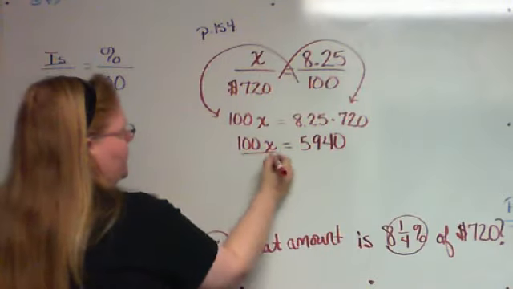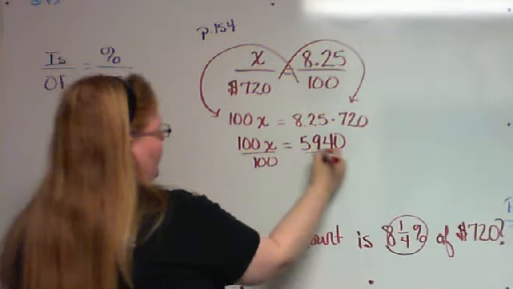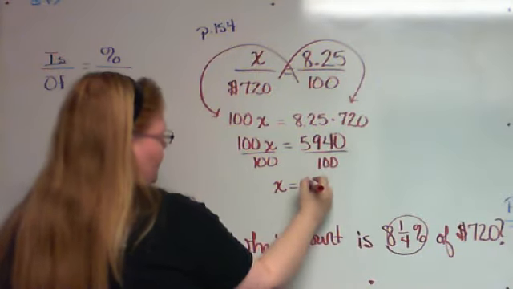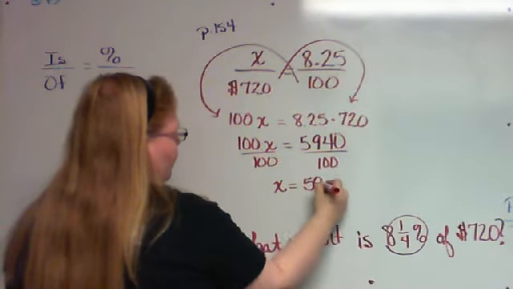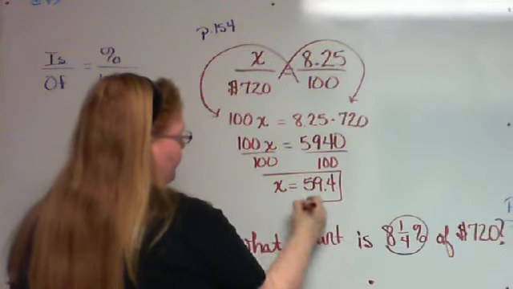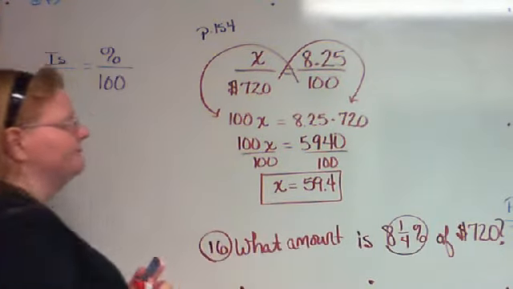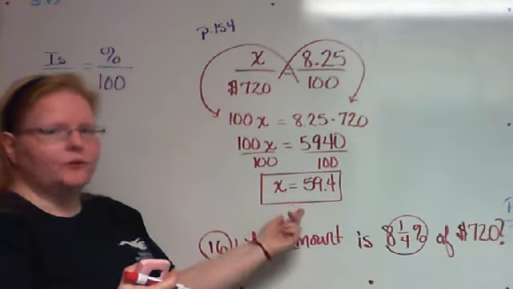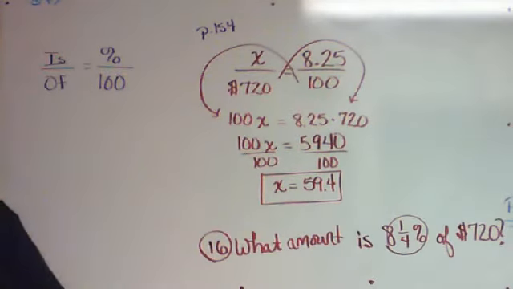And then I divide both sides by 100 so I can get the x by itself, and you get x is equal to 59.4. And see, kind of looks like a heart because you come down to that one point. Okay, not exactly. Kind of, not exactly.